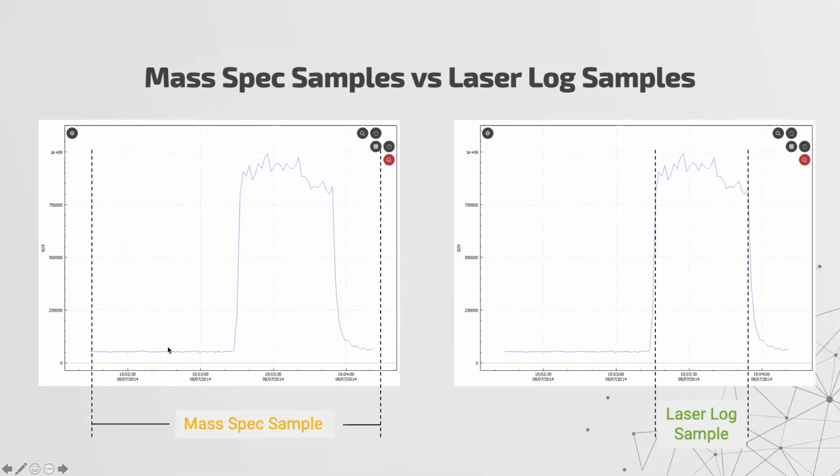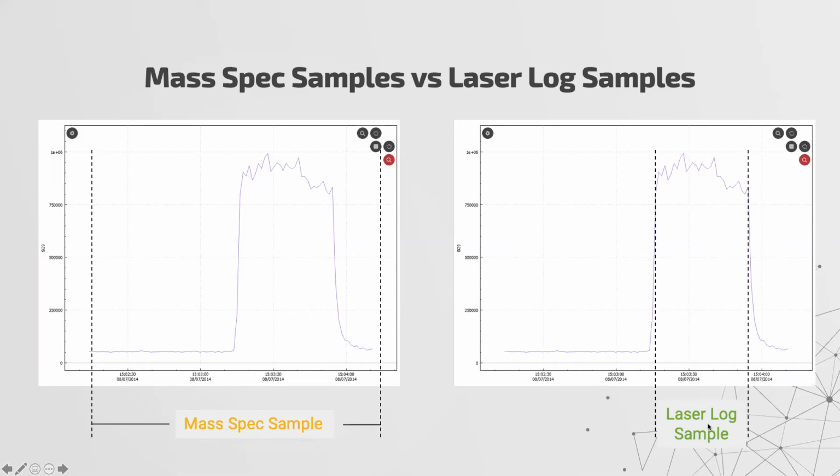That's what it would look like if you had a separate mass spec file for each analysis. But if you have your lab set up like ours, sometimes the one mass spec file will have hundreds of spots in it. So if you do use mass spec samples, you do need to allow for this wash-in time, or if there is any wash-in time and any wash-out time.